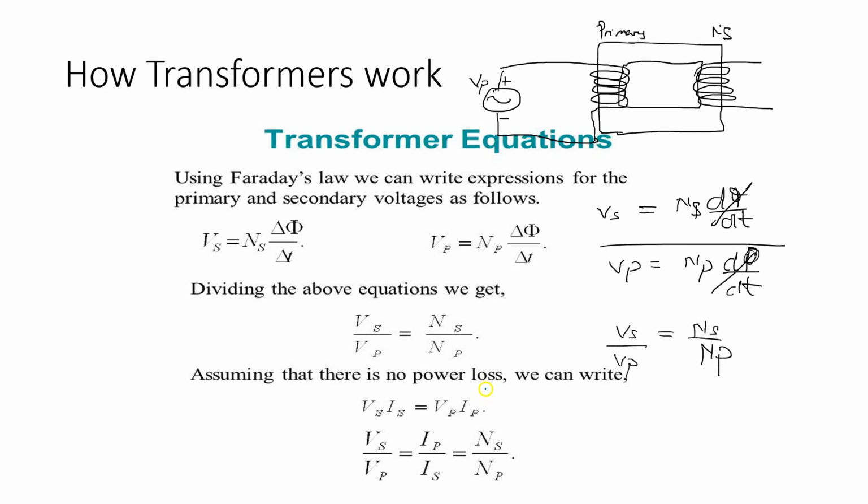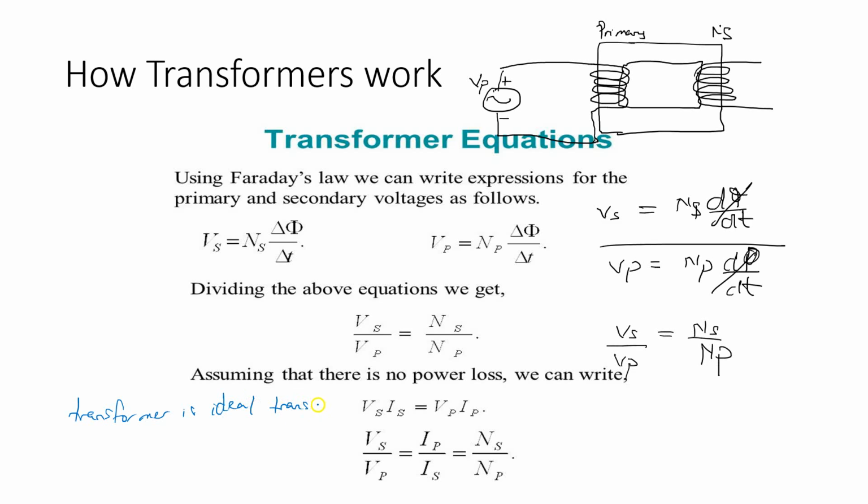So we could consider whether power is being lost, which in real life happens. But we're going to assume that there's no power loss, which means that no heat is given off in the transformer, and then we say that the transformer is an ideal transformer.